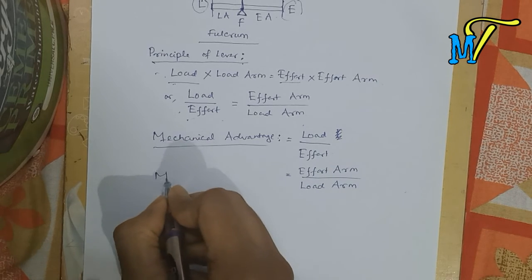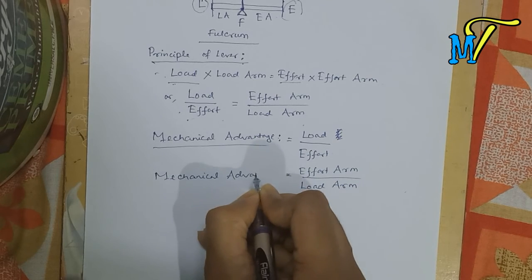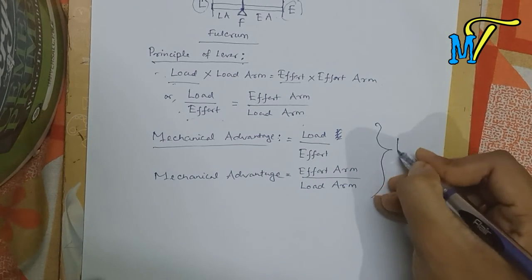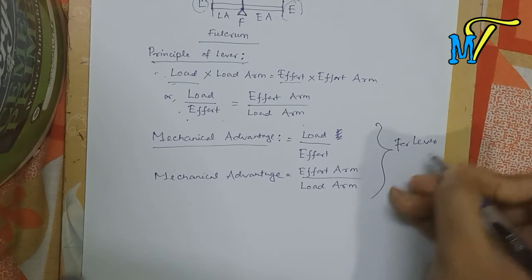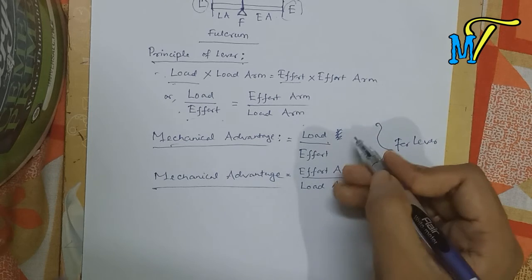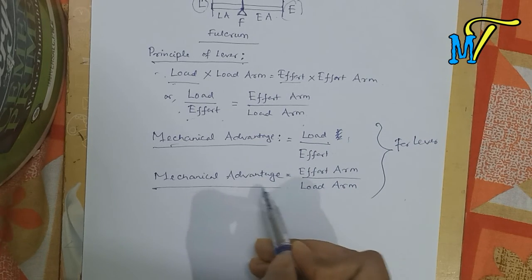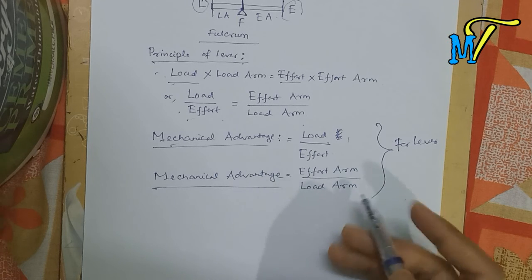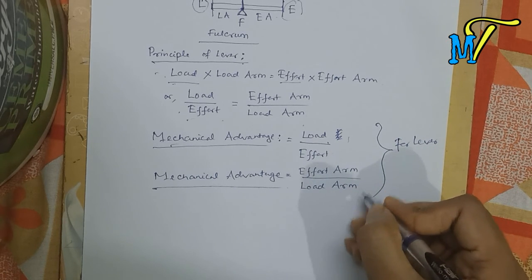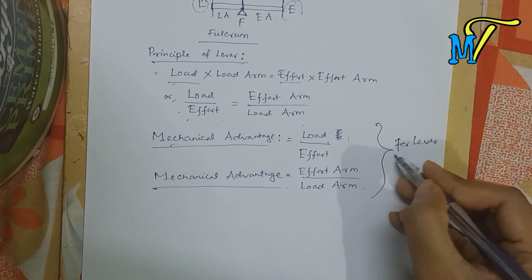This is also the mechanical advantage for the lever. So for the lever we have two expressions of mechanical advantage. One is load by effort, which is the ratio of forces, and the second is effort arm by load arm, which is the ratio of lengths. So for the lever we have two mechanical advantage expressions.